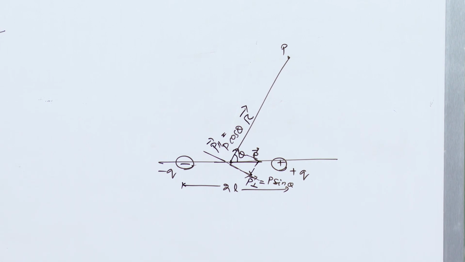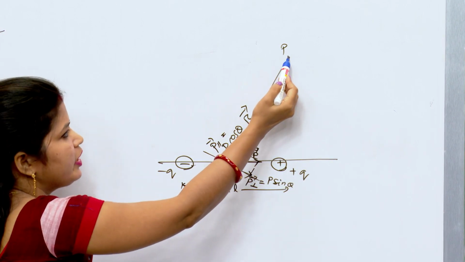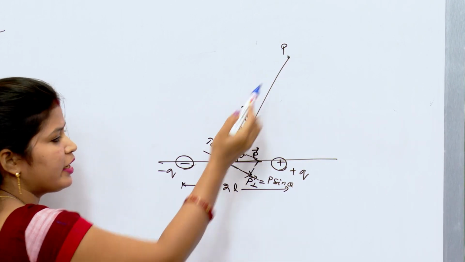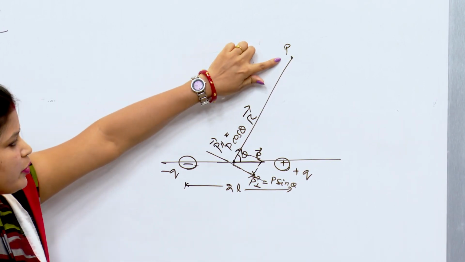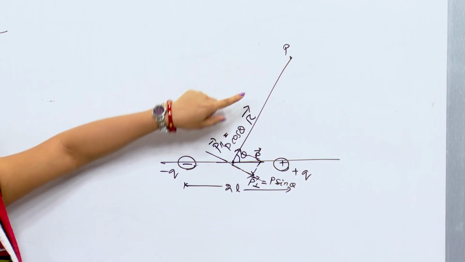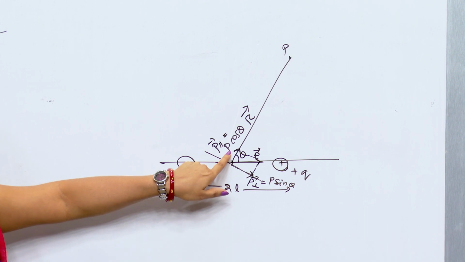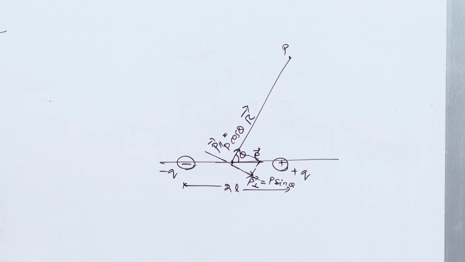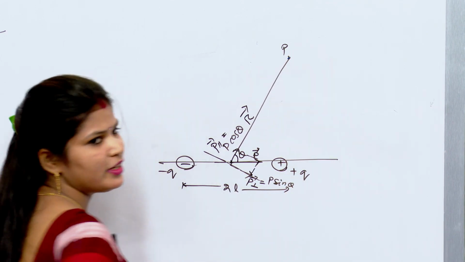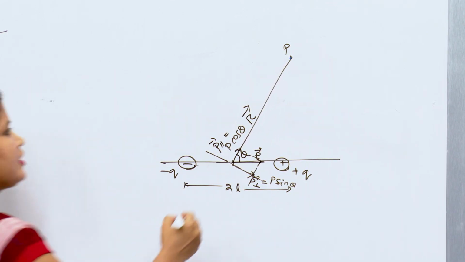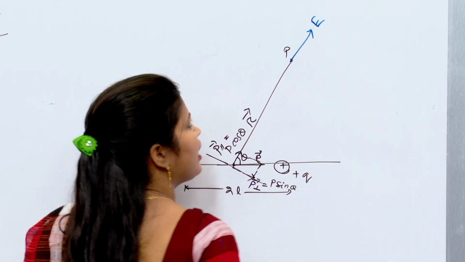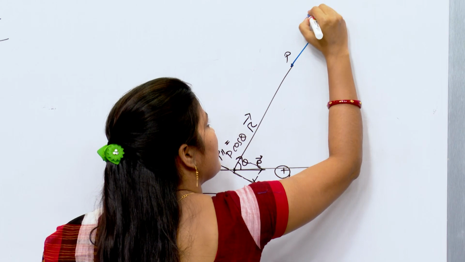From the figure, you can see that point P lies along the p cos theta line, that is, point P lies on the axial line of a dipole with dipole moment p cos theta. So the electric field intensity will be along p, that is E parallel.